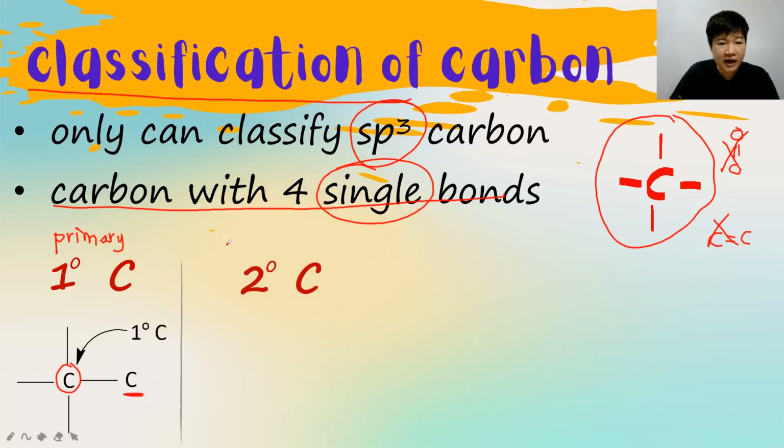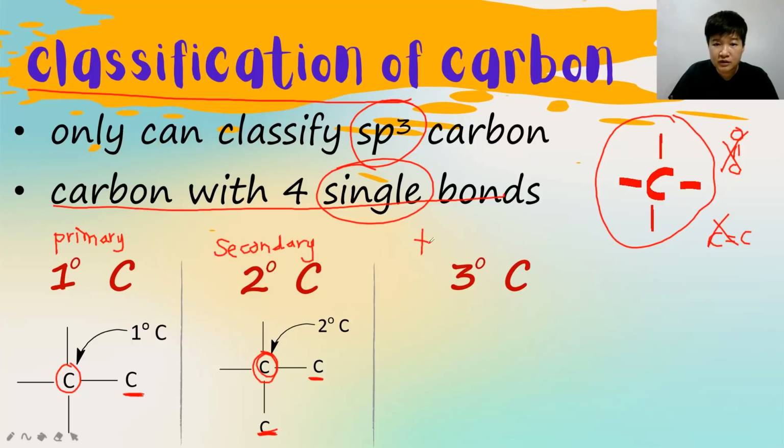Another one, we have a secondary carbon. And the way that we write it is a 2 knot. Secondary carbon over here, vice versa, like your primary. Primary means bonded to 1 carbon. Secondary means this carbon is bonded to 2 carbon. Alright, when the carbon is bonded to 2 carbon, that is your secondary.